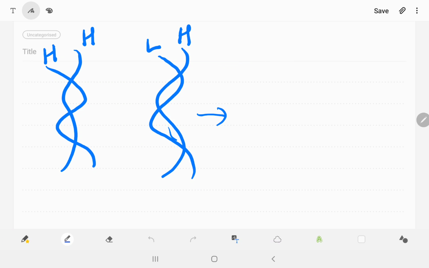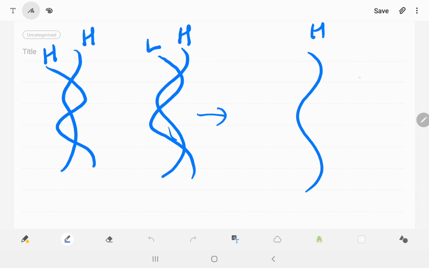The other possibility is that you have a heavy strand, and when you place this heavy strand into a light medium, a new DNA segment will be inserted like a patchwork. You have a tire, you can make a patchwork for the tire.